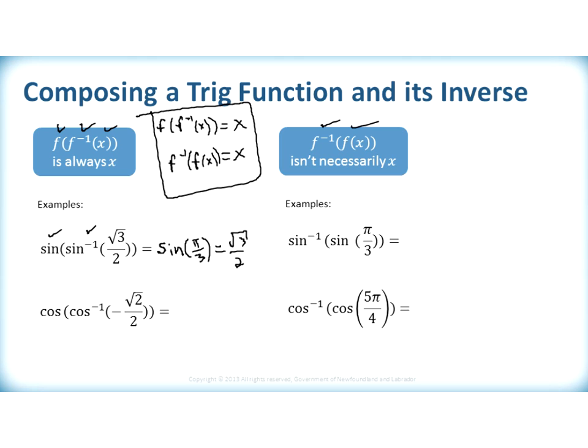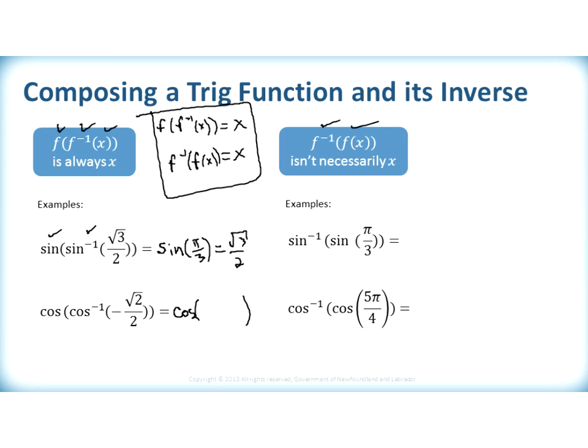Let's take a look at the next one, in the same order, and we should get the same kind of thing happening. So let's take cosine of inverse cosine of negative root 2 over 2. Remember, principal values only, and for cosine we're between 0 and pi. What angle between 0 and pi would make cosine equal to negative root 2 over 2?